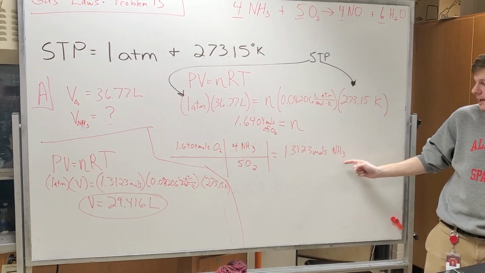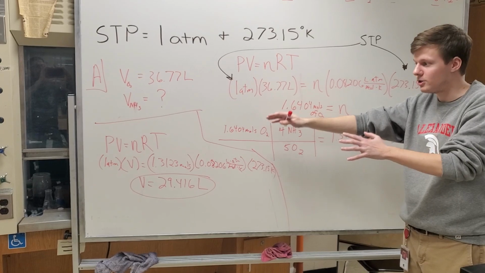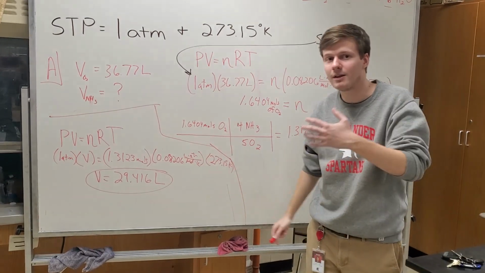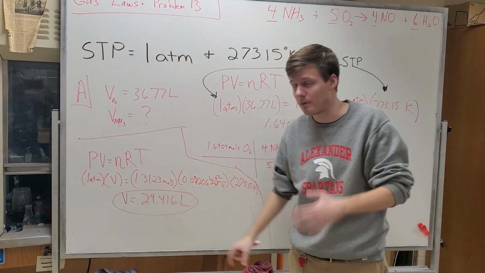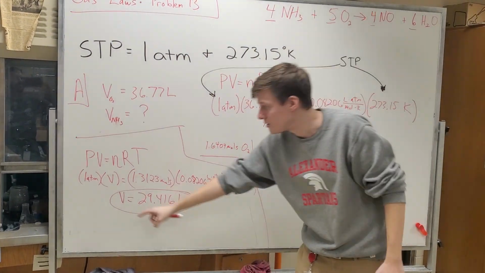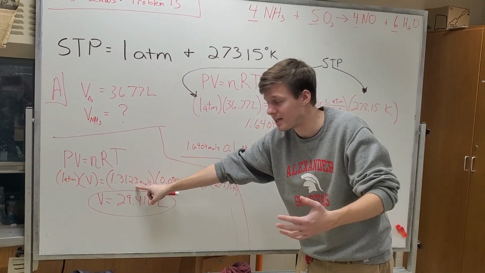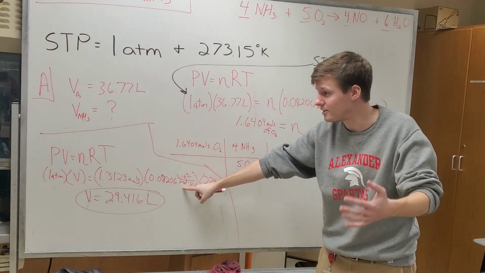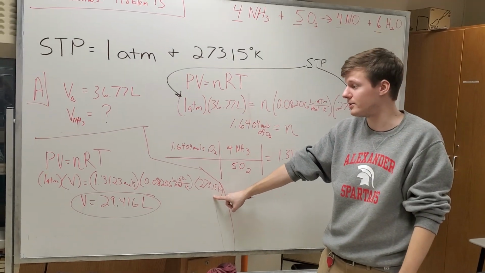And then lastly, if you know how many moles of ammonia you have, we will go back to our ideal gas law equation and we will plug everything back in so we can figure out our volume. So down here, I've replugged it back in. Remember, we're still at standard temperature and pressure, so it's still 1 atmosphere for our pressure. This is our moles of ammonia right here, what we just calculated. This is our R value, it's still the same value, and this is 273.15 degrees Kelvin, still the same value.